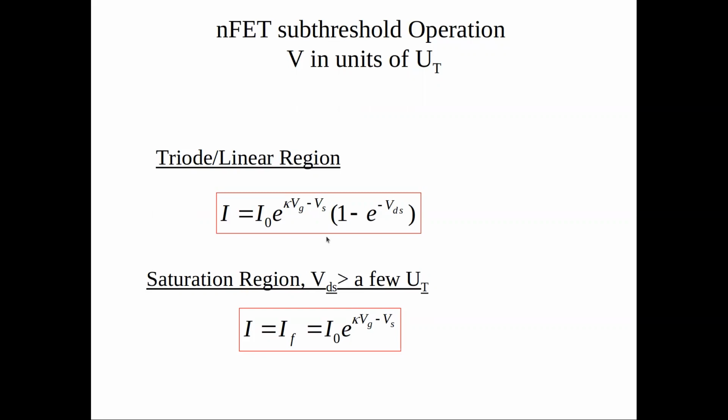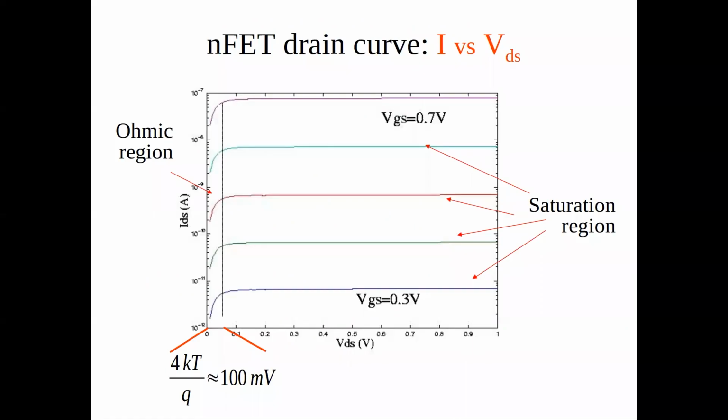Now, what happens when you change the VDS? You can change VGS or you can change VDS in these equations. In the equations in the previous slide, this is showing how the current changes as a function of the drain to source voltage difference. As long as you're above 100 millivolts, it does not change.